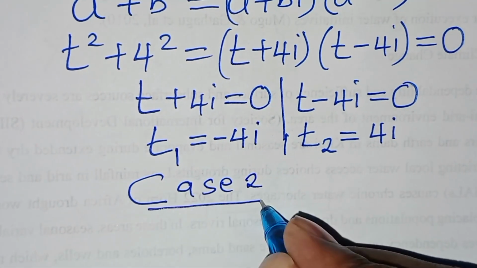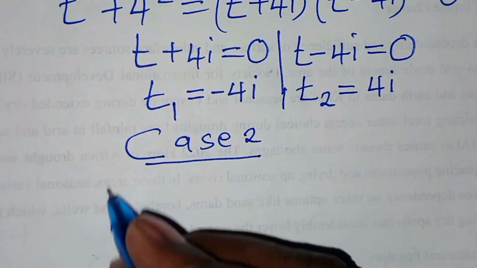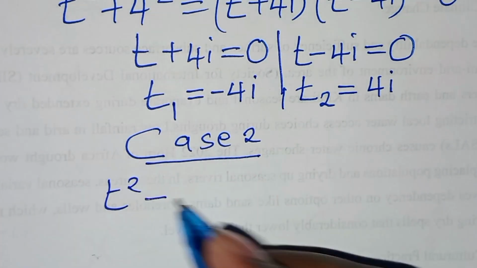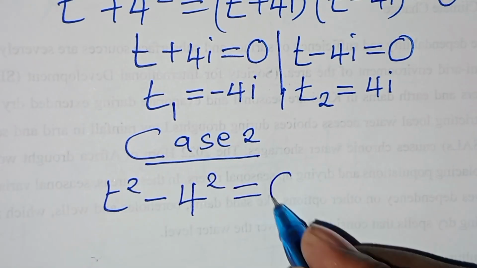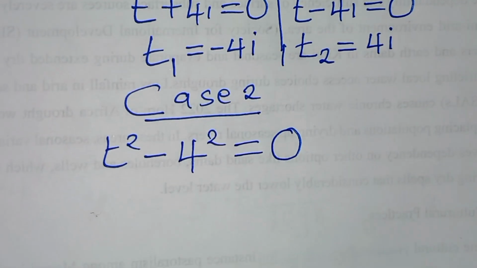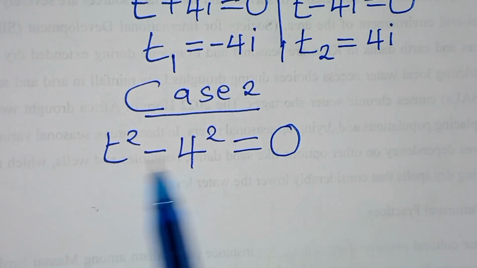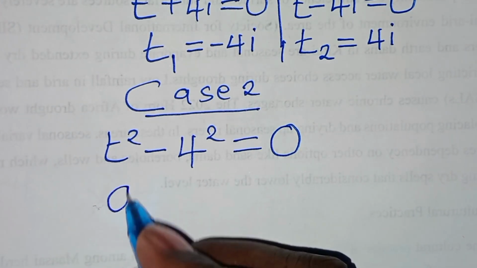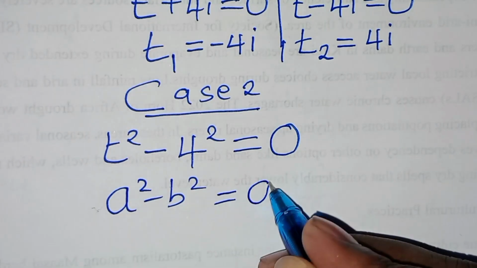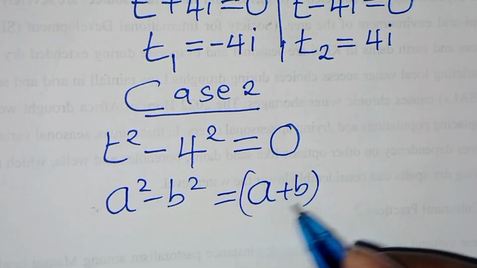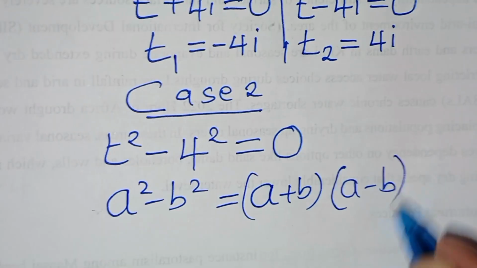Case 2 here, we have t to power 2 minus 4 to the power 2 equal to 0. So this is actually the difference of two squares expressed as a squared minus b squared, which we can express as a plus b, a minus b.